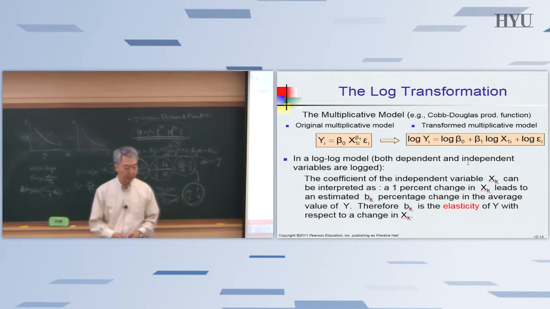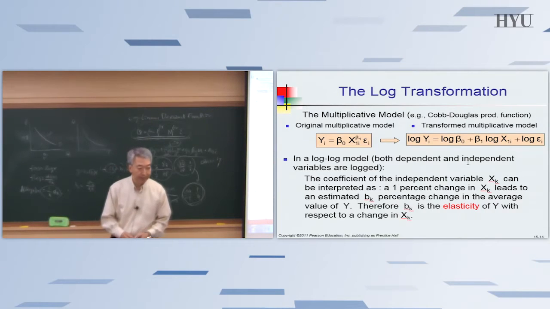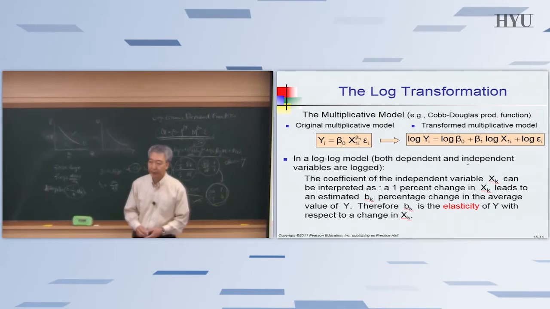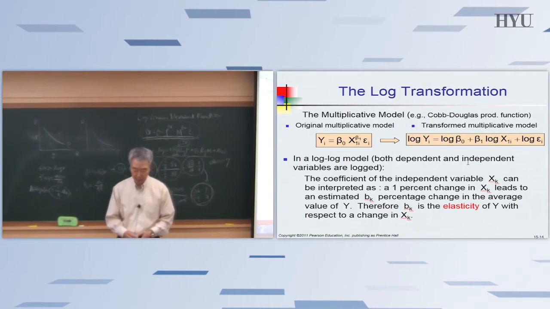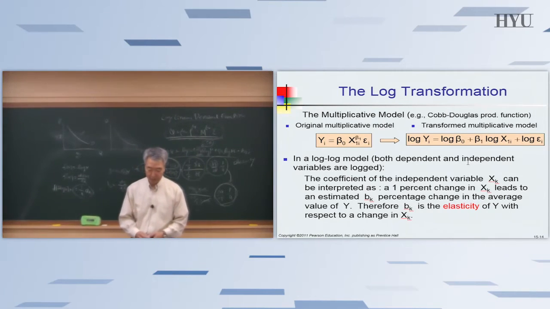Both were American economists, and Paul Douglas later became a senator in the United States. Almost 85 years ago, they came up with the Cobb-Douglas production function.